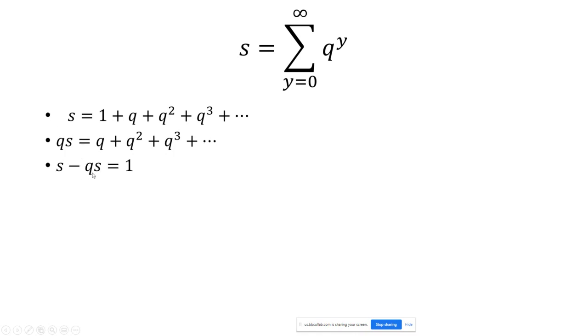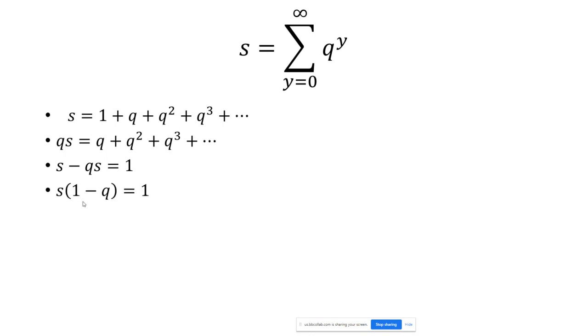So let's take s minus qs. Every term that's in qs also appears in s. So the q's are going to cancel, q squareds are going to cancel, q to the thirds are going to cancel. When we do the subtraction, the only thing that we're left with is this 1 at the start. So s minus qs equals 1.